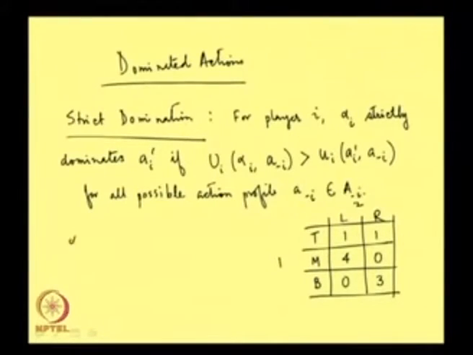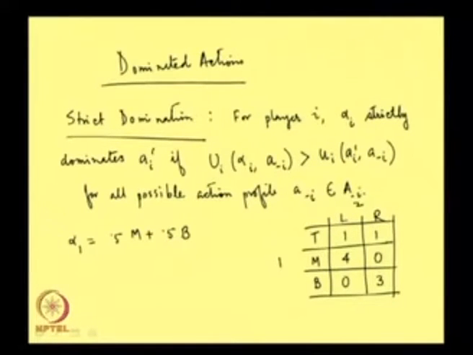For example, let us take alpha 1 to be 0.5 M plus 0.5 B. So, if 0.5 M, 0.5 B is the mixed strategy of player 1, then what is his payoff?